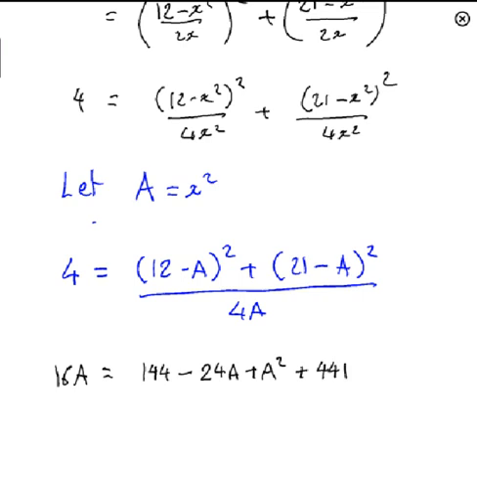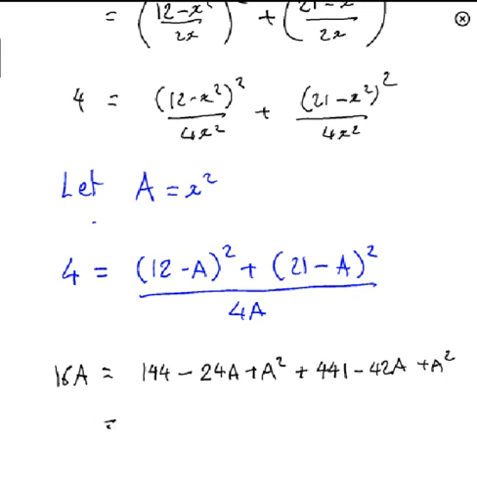Remembering there's that lovely little relationship: 12 squared is 144, 21 squared is 441. So one of those nice little, not quite coincidences of number theory there. So 2 times 21 times a is 42a plus a squared. And so what do we have?